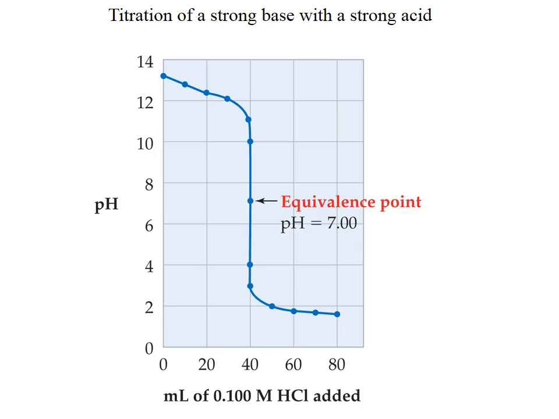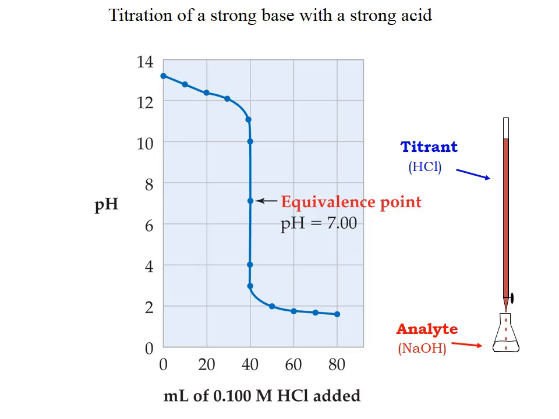Now, the titration of a strong base with a strong acid will lead similarly to a neutral salt. So for example, if you had sodium hydroxide in the flask and HCl in the burette, you would still end up getting sodium chloride as your salt present at the equivalence point, when you've exactly consumed the analyte with no excess titrant, and you would have a pH of 7, just like you do for a strong acid being titrated with a strong base.